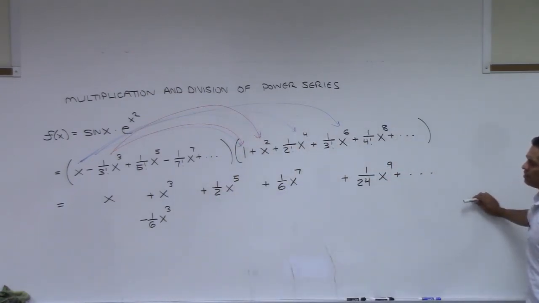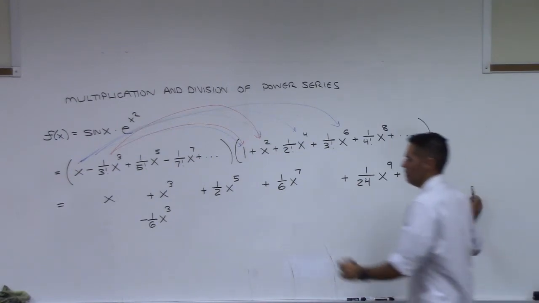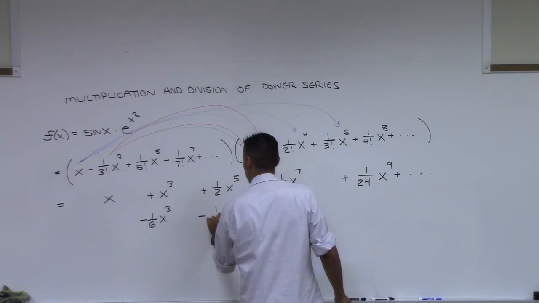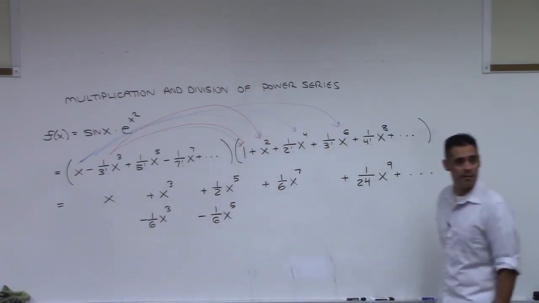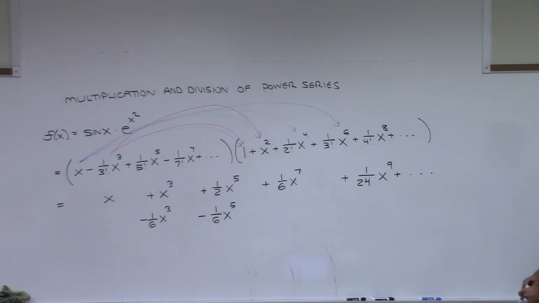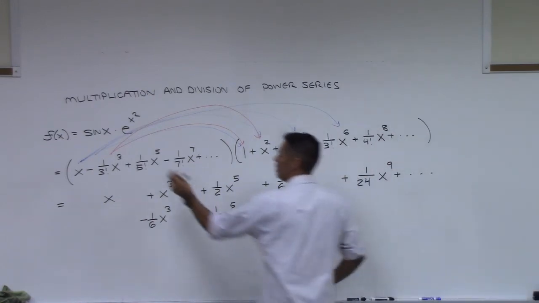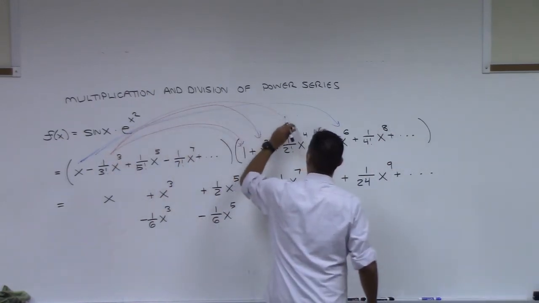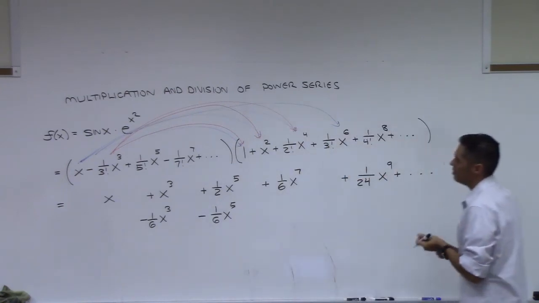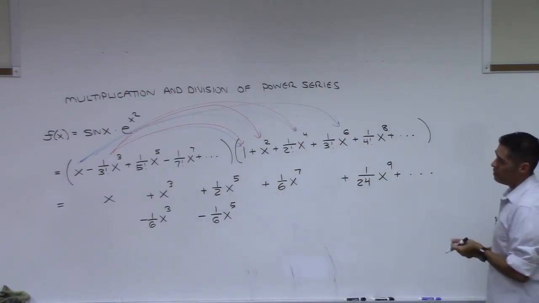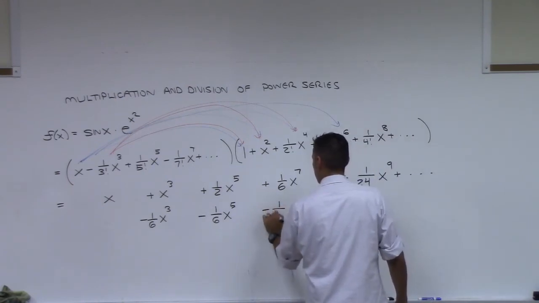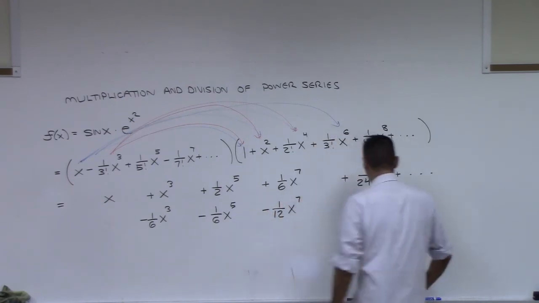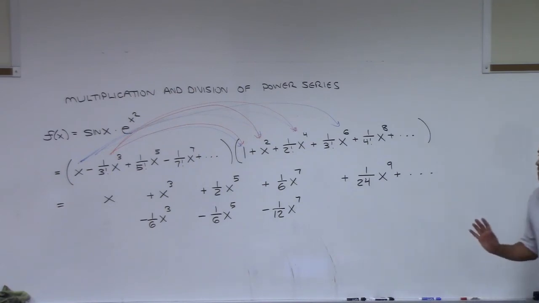Minus 1/6 x to the fifth. I put it under x to the fifths, right? Next one. So 1/6 times, so 1/12, negative x to the seventh.